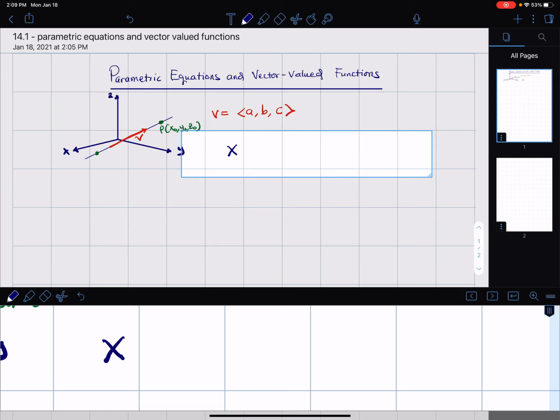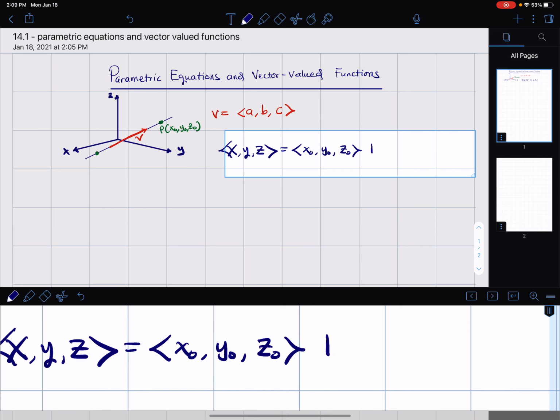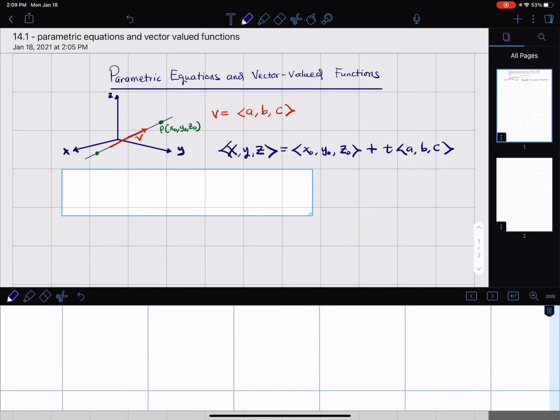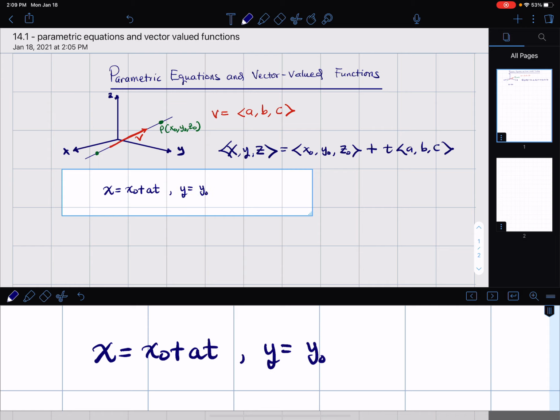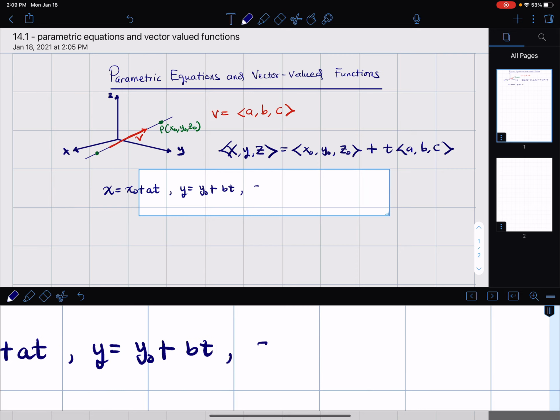All right, then the equation of this line, we can write it as x, y, z is equal to x naught, y naught, z naught plus t times a, b, c. This is one way of writing it, but we also said we can just split it up as x is equal to x naught plus at, y is equal to y naught plus bt, and z is equal to z naught plus ct, okay?